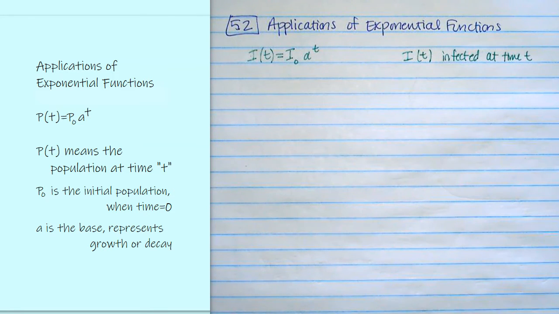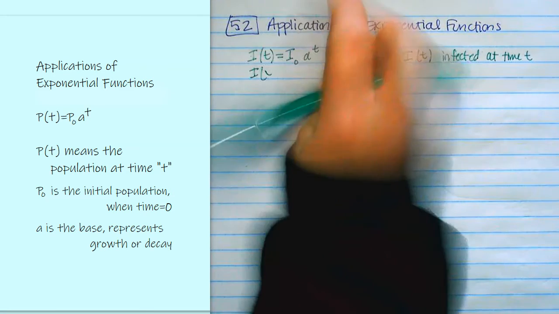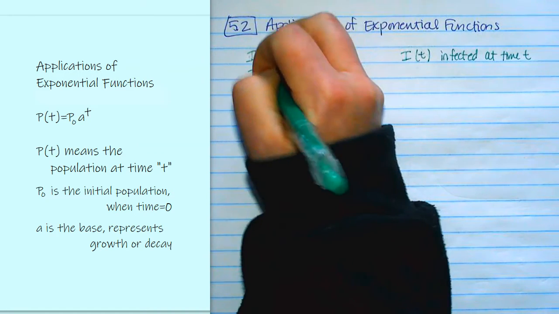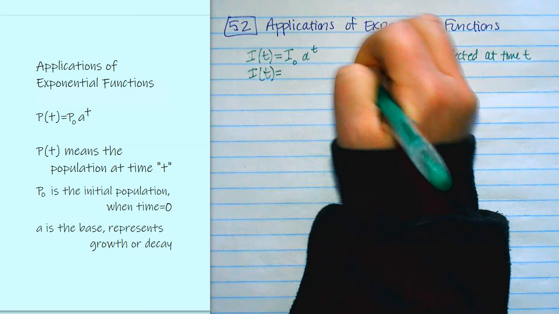So I for infected. So let's say that we're going to some big gathering, some big party, and people don't know they're infected, but they go, and we have a function that represents the infection rate. And let's say that I of t equals, we're going to say time is in hours.